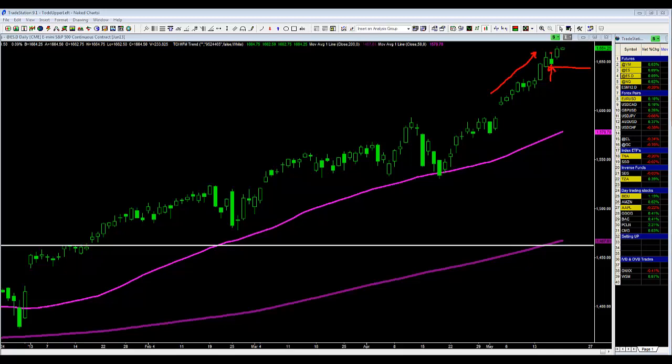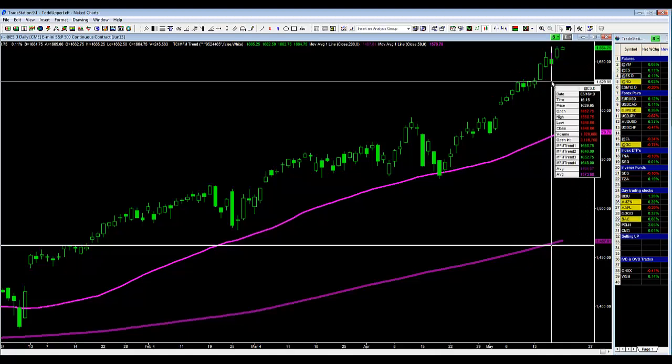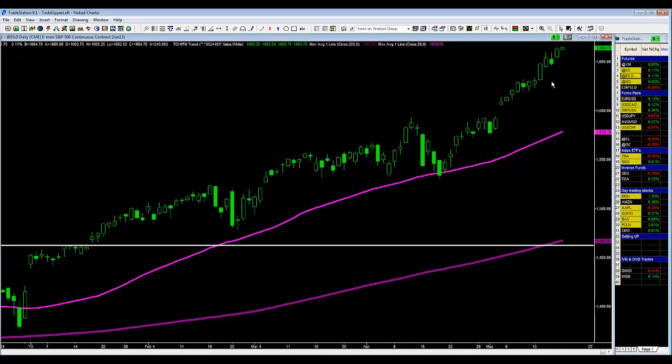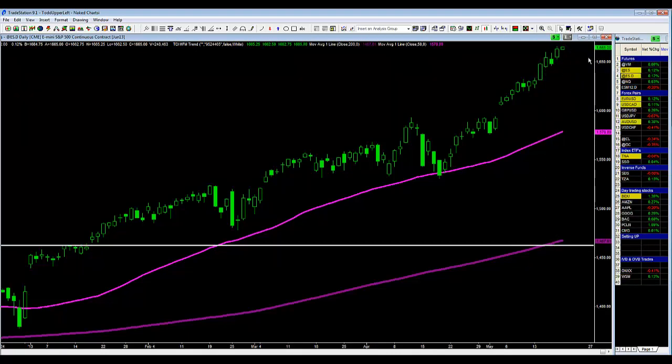Remember what I told you a few days ago when we created this inside pattern, that if the market had taken out the low of the 1646 to the downside, the low of the inside pattern, I would have been short with a stop above the high. Well, the market never took out this low. Rather, it took out the high and the high of the year right there. So the market's just straight up. So no reason to be looking to short this market right now.